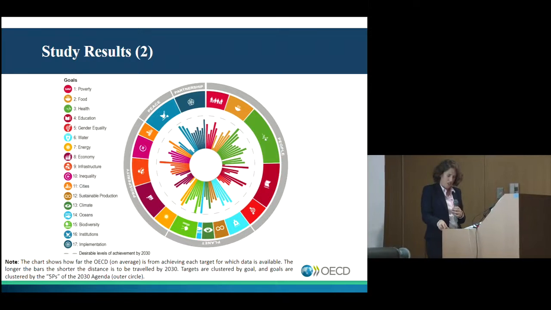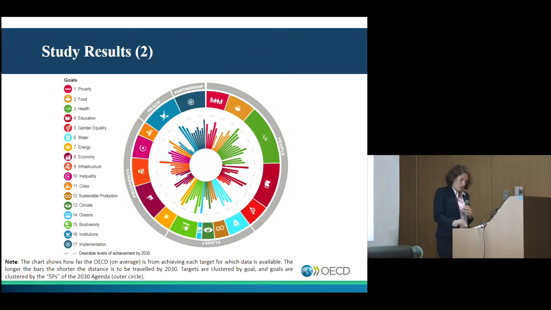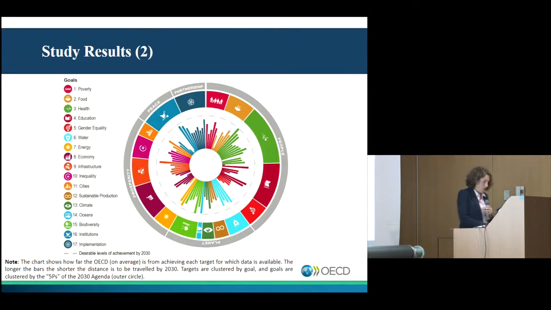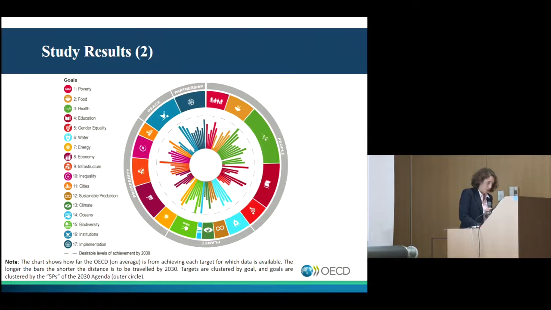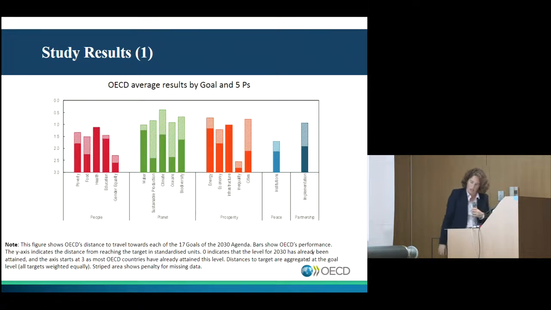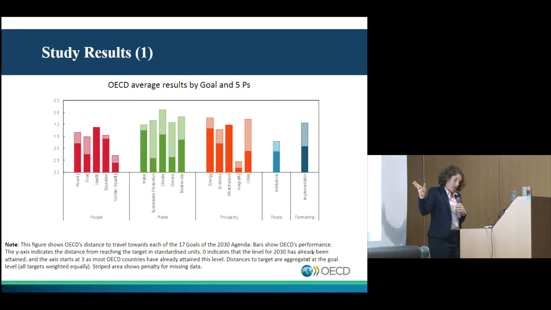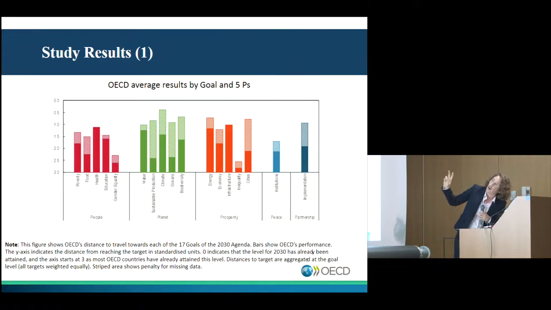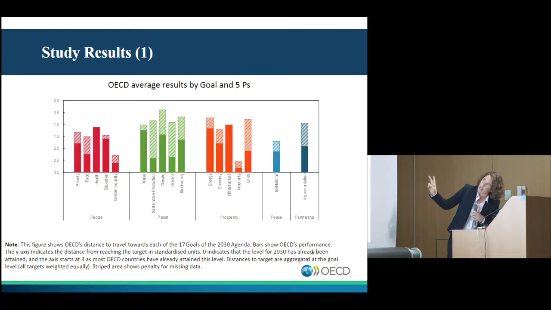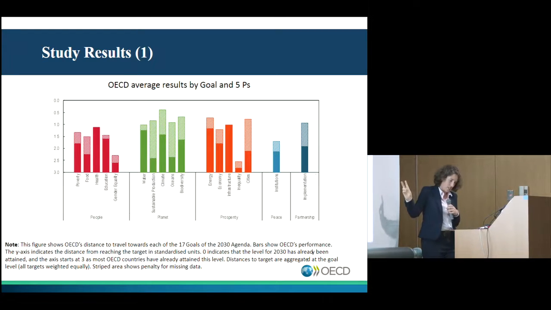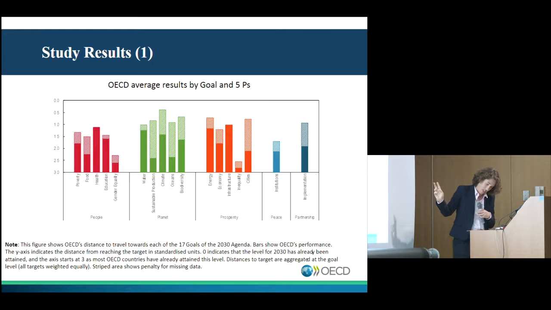Now, what does this show us in terms of how OECD countries are doing overall? I'll just go back to show you at the goal level. It's a bit easier to visualize. You can see that we have relatively good performance on climate, on oceans, on cities, and on implementation.